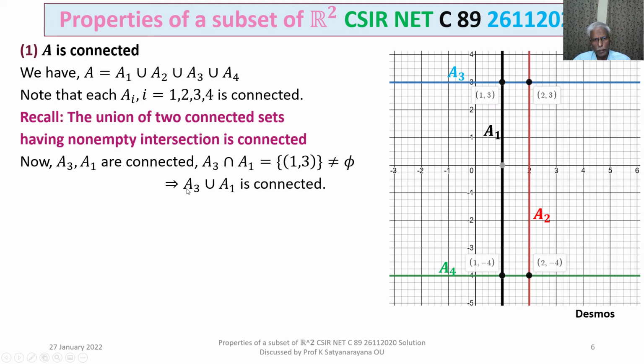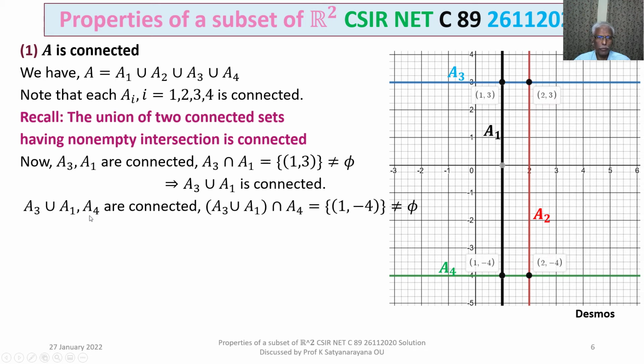Now, take A3 union A1, which is connected, and A4 is connected, and their intersection, A3 union A1 intersection A4, is a singleton set, that is 1, 4, which is not empty. So A3 union A1 and A4 are connected. Therefore, A3 union A1 union A4 is connected.